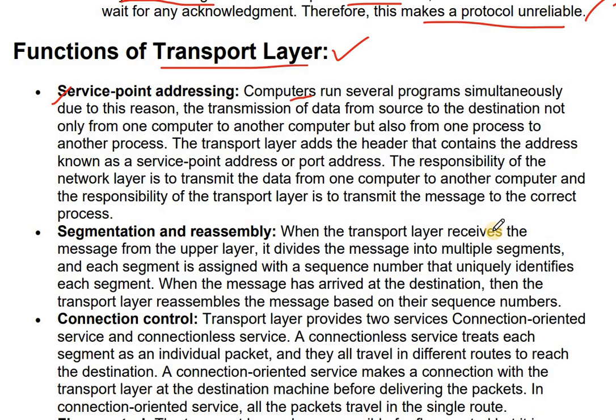The transport layer adds a header that contains the address known as the service point address or port address. The responsibility of the network layer is to transmit the data from one computer to another, and the responsibility of the transport layer is to transmit the message to the correct process.